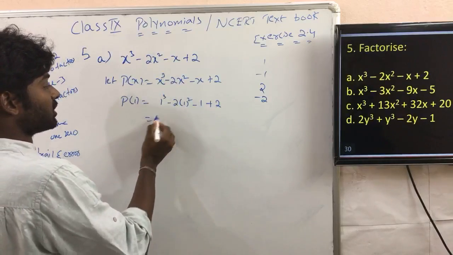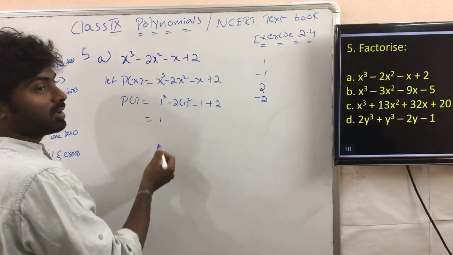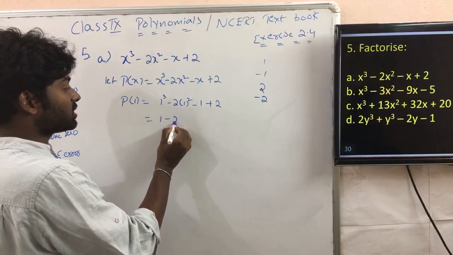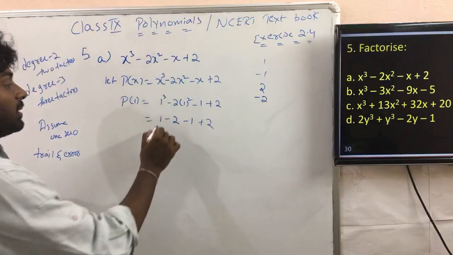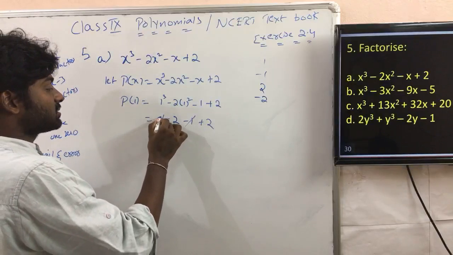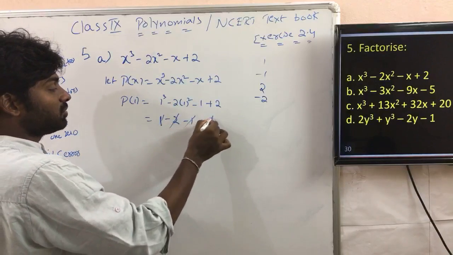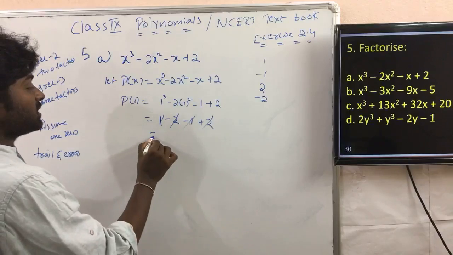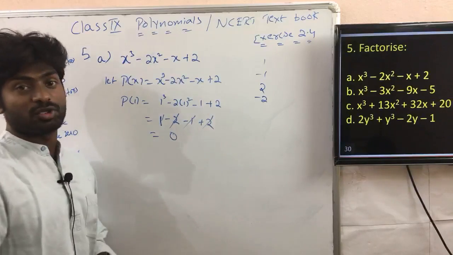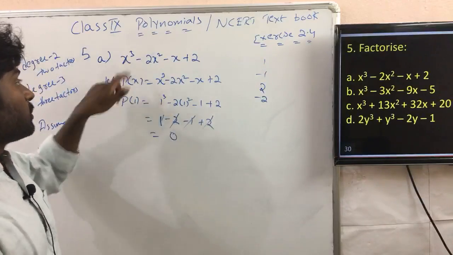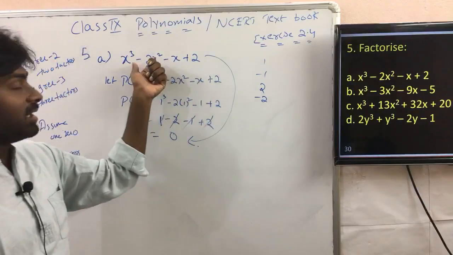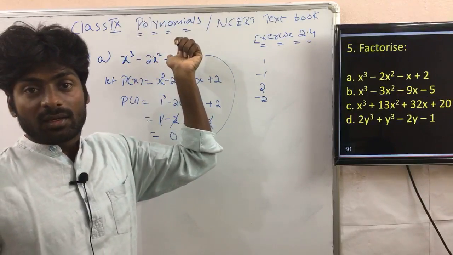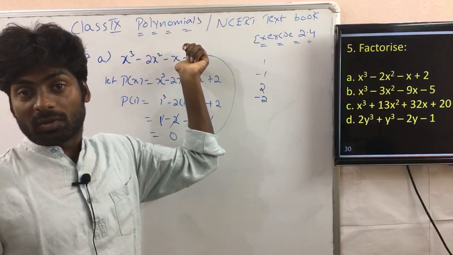So 1 cube is 1, 1 square is 1, into 2 is 2, so minus 2 here, minus 1 plus 2. Plus 1 minus 1 get cancelled, minus 2 plus 2 get cancelled, you are left with 0. That means on substituting the value 1, the given polynomial becomes 0. That means obviously 1 is a zero of the given cubic polynomial, one of the zeros.